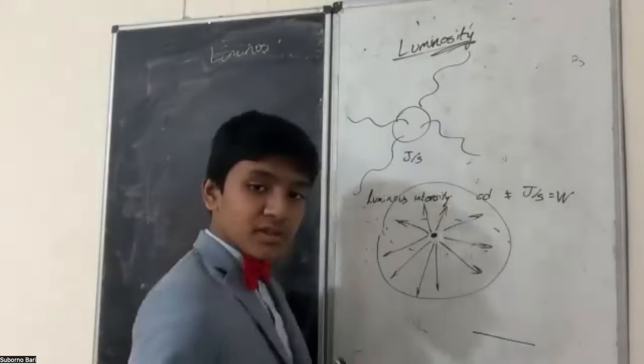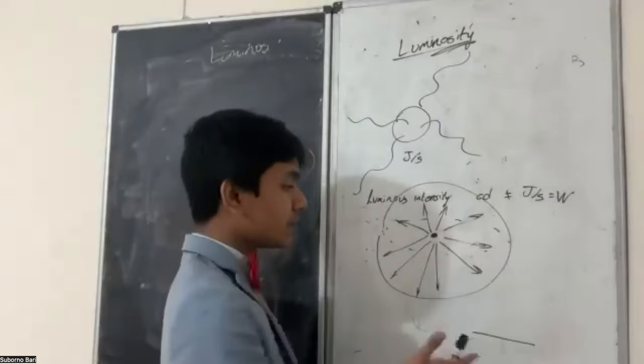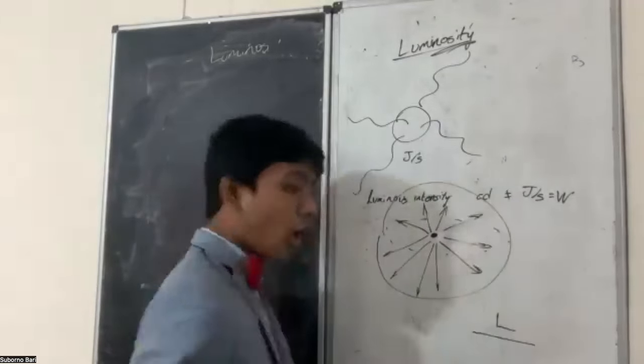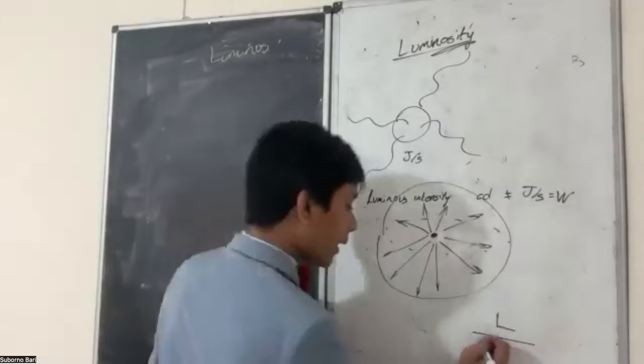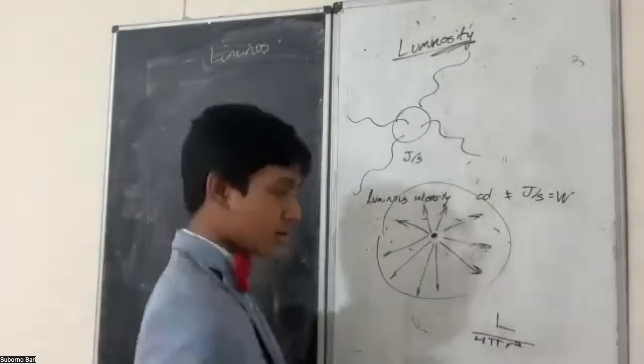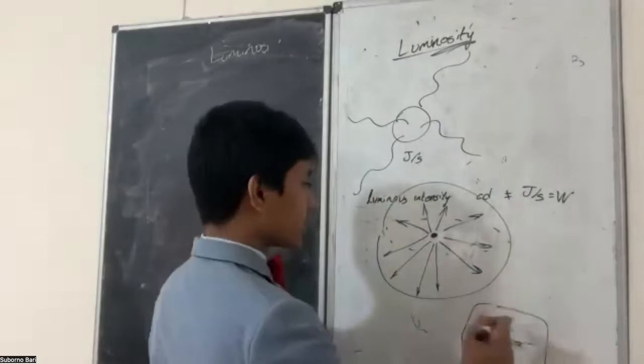The total flux, which is just the total light per unit area, is all of the light divided by the surface area of the sphere: L over 4 pi r squared.